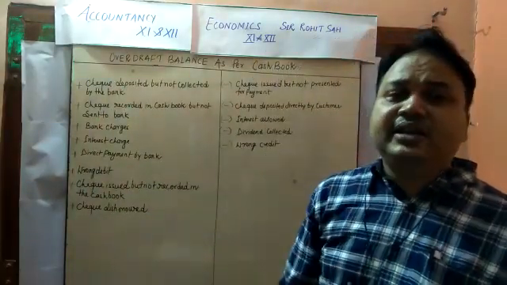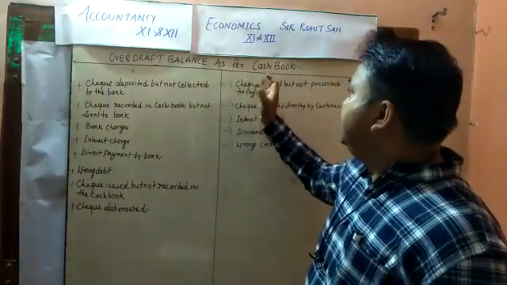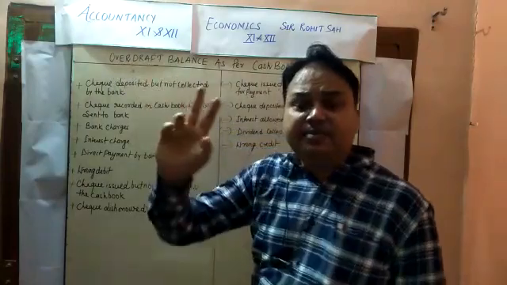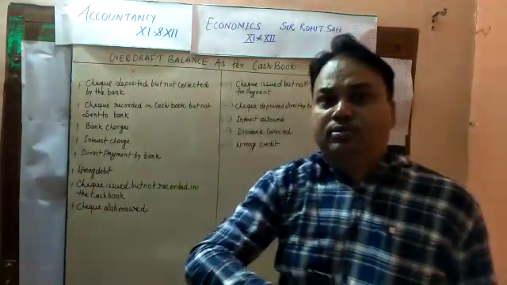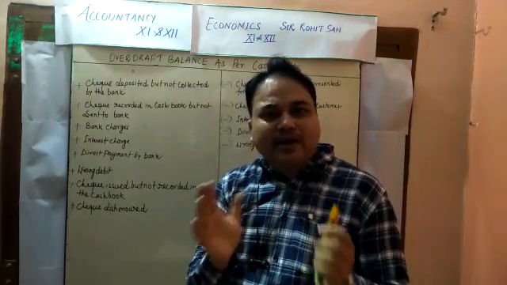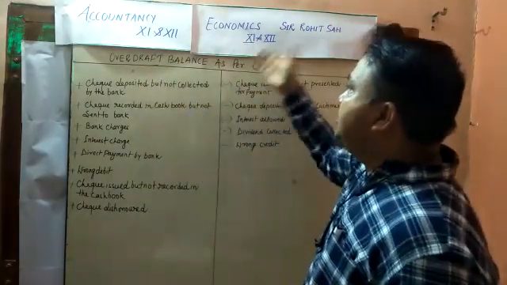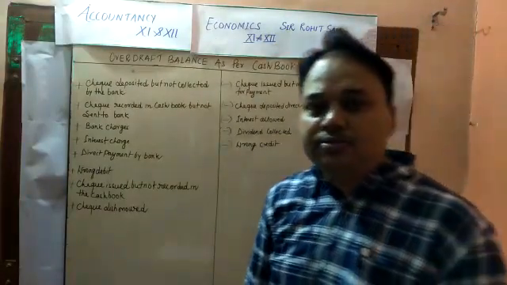So very clear. Okay, my dear student, I am also going to give that tip. This situation is just like balance as per passbook. Balance as per passbook, what we did, the same situation applies to overdraft balance as per cash book. Okay, my dear student, thank you.